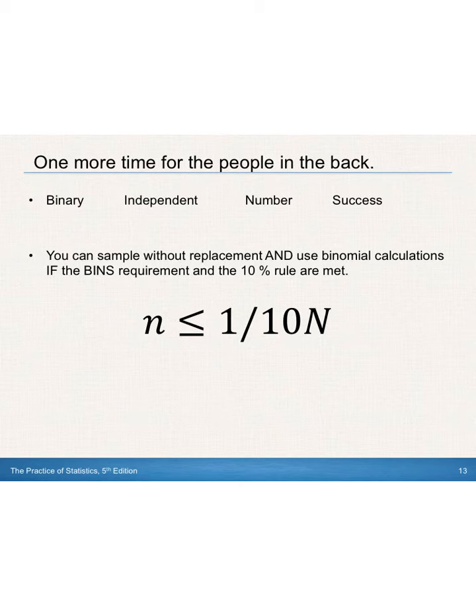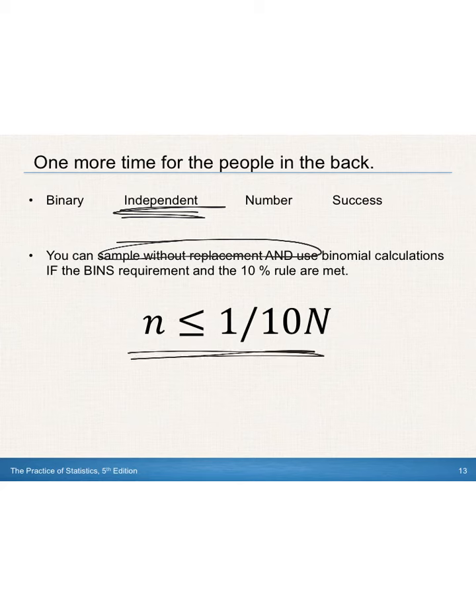So a binomial requirement requires independence, but normal sampling is done without replacement, because you're not going to ask a person the question and put them back in the pool and possibly get them one more time. So for us to be able to accurately use binomial calculations, we have to meet this requirement called the 10% rule.